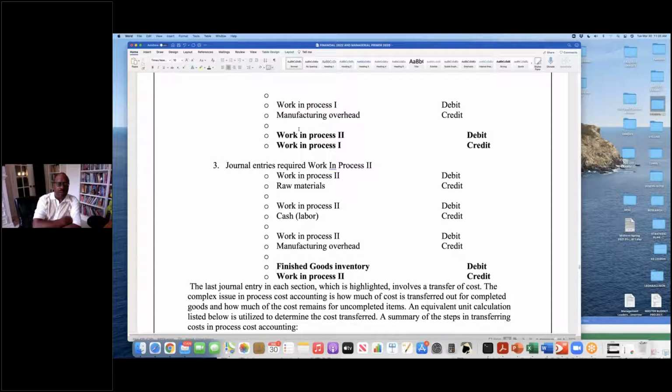Now, we don't calculate a selling price because I was driving downtown last week, and people were just everywhere, just driving. And so in process cost accounting, a lot of times, you don't have a predetermined selling price.